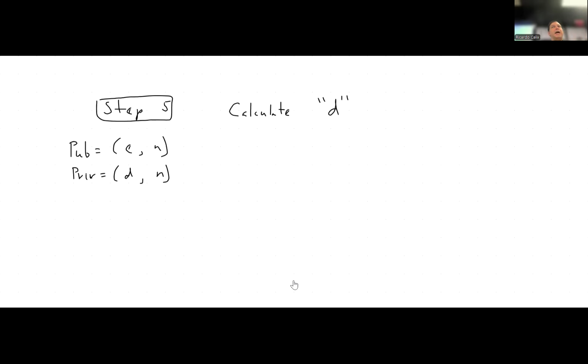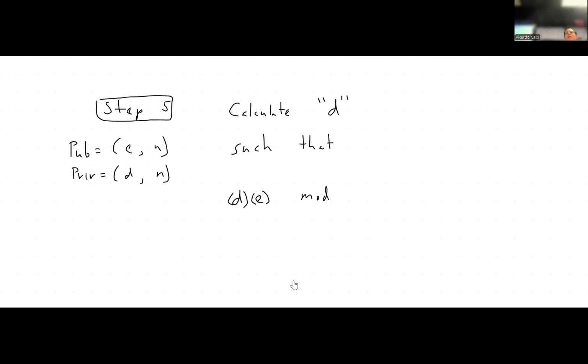And here we have basically an equation that we're going to follow. Okay, so I'm just going to say again, such that D times E mod, and mod here being the operator that we've already seen, the percentage in Python.